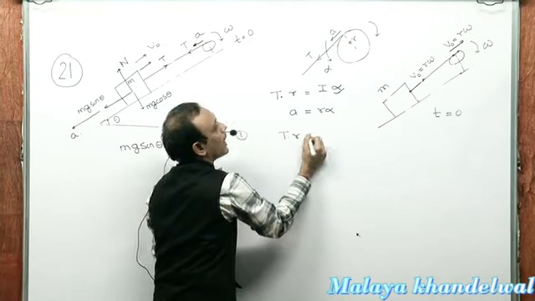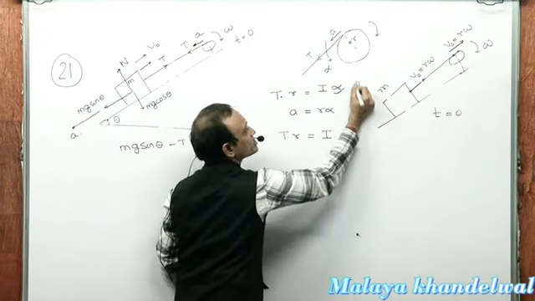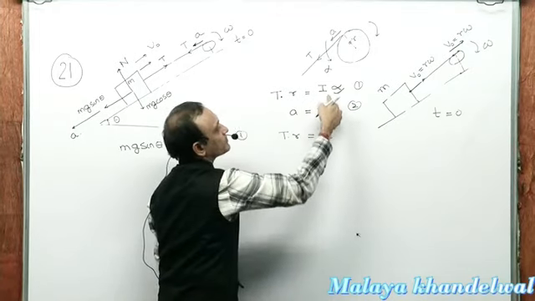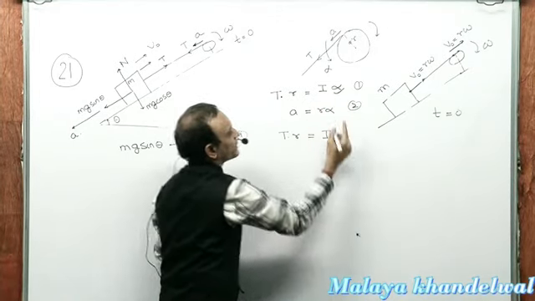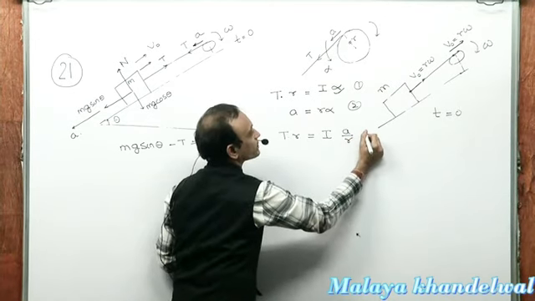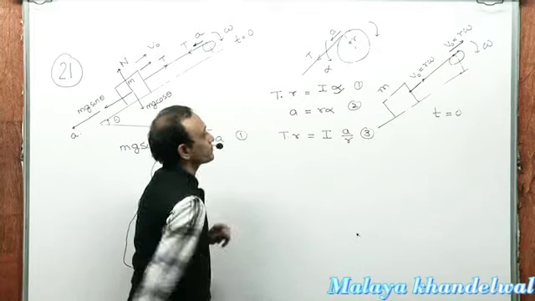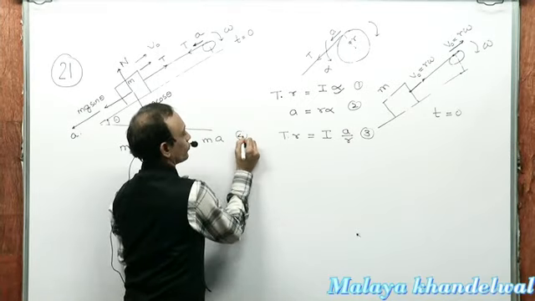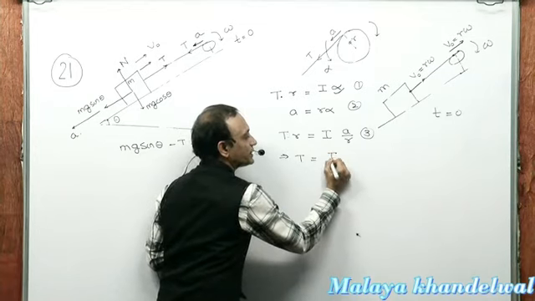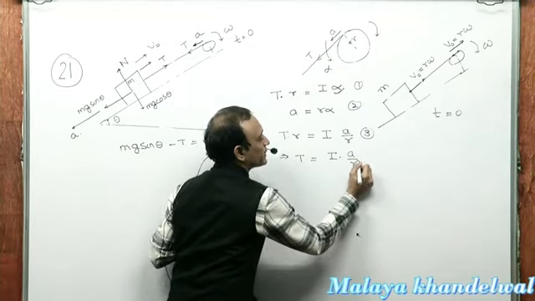So T into R is I into alpha, and alpha is A by R, right? So that's equation 3, say, and you can call this equation 4. That gives me T equal to I into A by R squared.